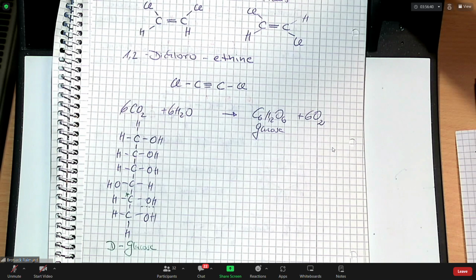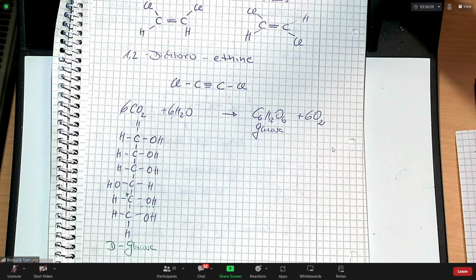Professor, are an optical center and a chiral carbon the same thing? Chiral, like all the four groups, yes, all four groups are different.